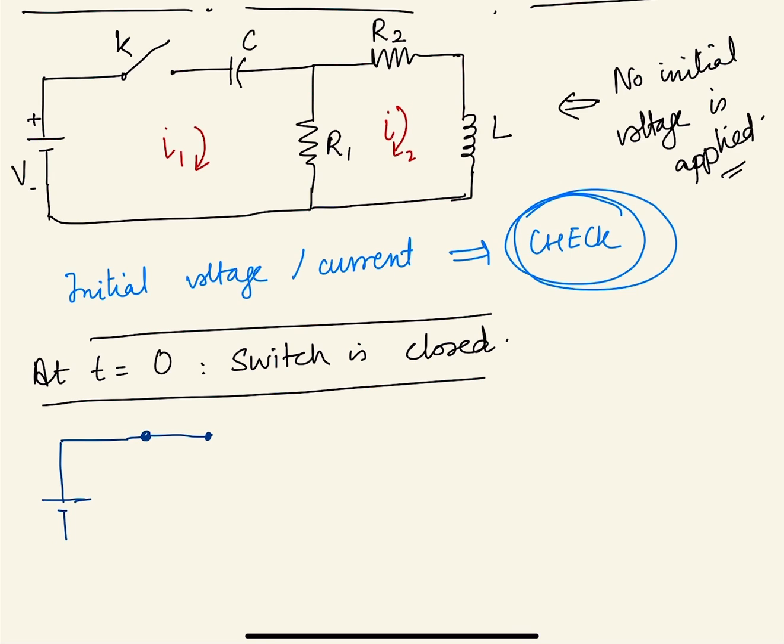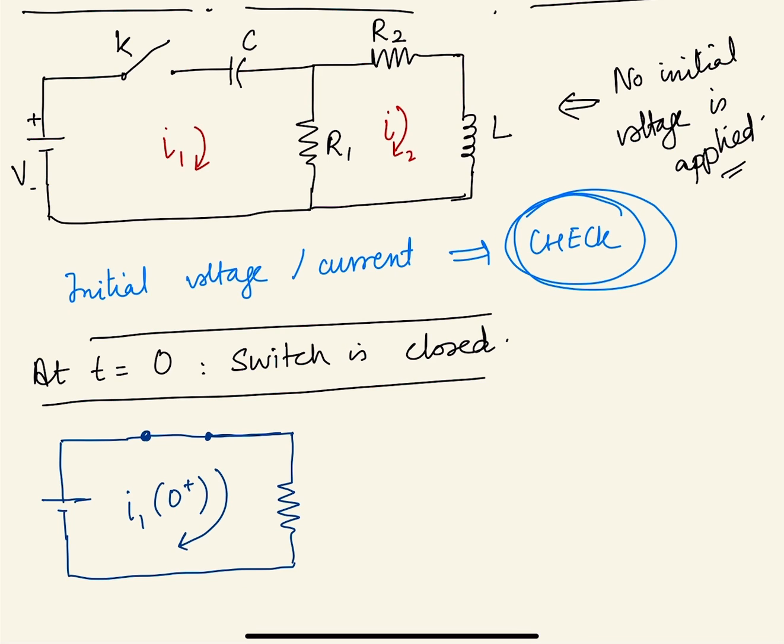And the rule states that I have to replace this capacitor by a short circuit. Why? Because no initial charge was on the capacitor, and I am supposed to keep the resistor as it is, right? This is I1 at time t equal to 0 plus.